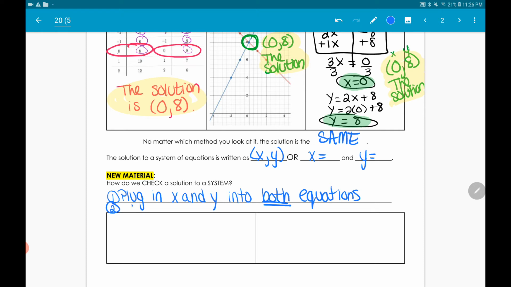And we're going to check for equivalence. All right, so the important thing is here that we're checking for both equations, okay?